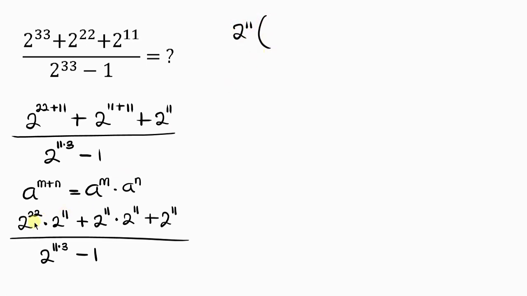Now we have 2^22 times 2^11 divided by 2^11, I have 2^22, plus, now I have 2^11 times 2^11 divided by 2^11, I have 2^11, plus, now 2^11 divided by 2^11, I'm going to have 1, close bracket, all over.